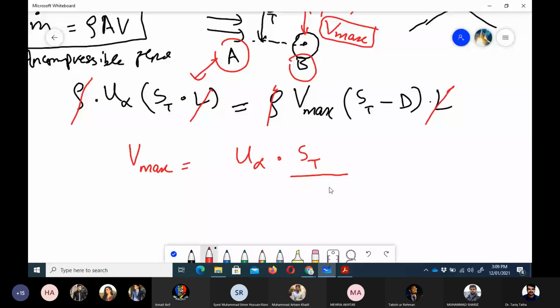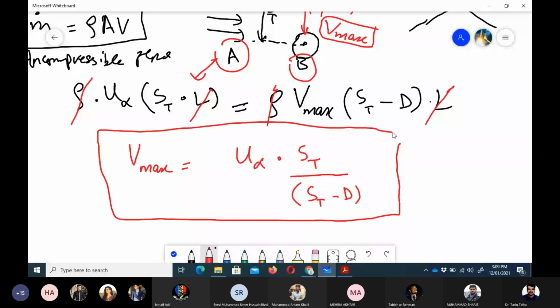So here it would be St minus D. So we have got the Vmax relation for the inline arrangement. This is applicable for the inline arrangement.